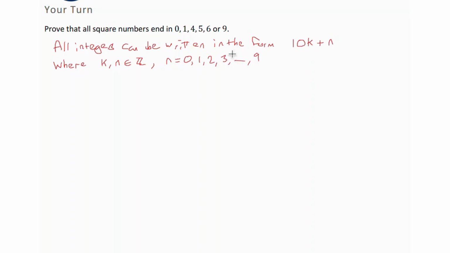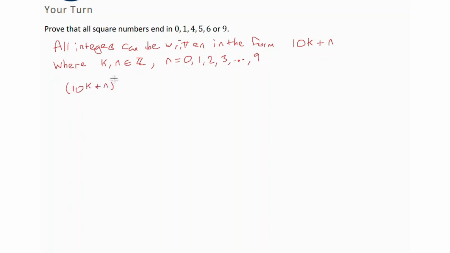So dot dot dot there. Once we're happy that every integer can be written in that form, we can think about what happens when we square that.